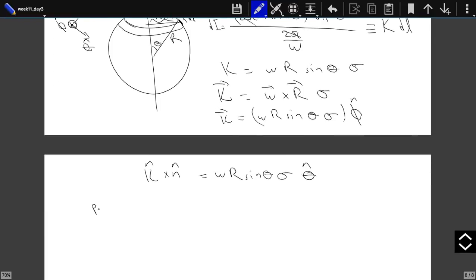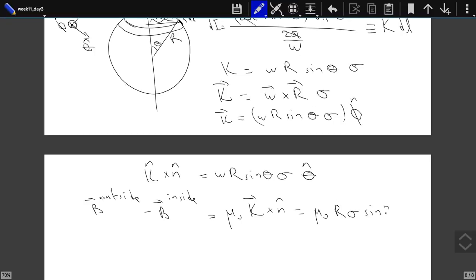So this tells me that B outside minus B inside, which we had obtained before has to be mu 0, k cross n, which is equal to mu 0 r sigma sine theta in the theta hat direction.